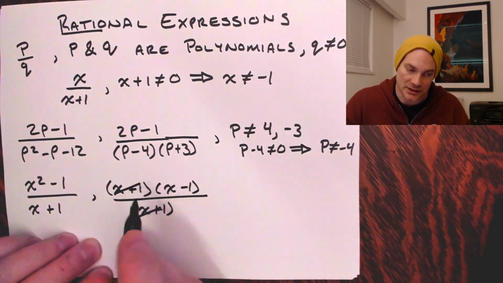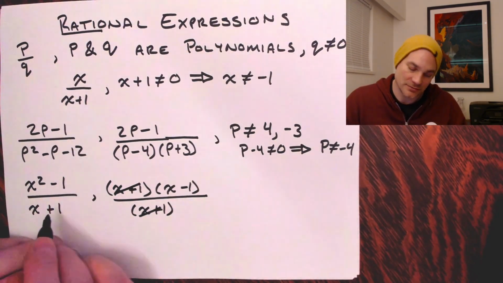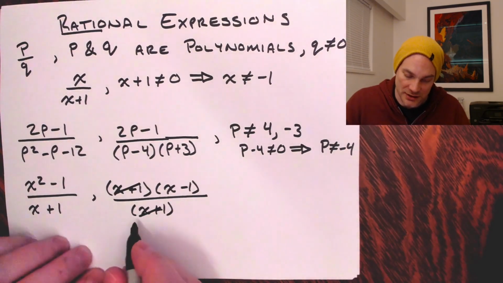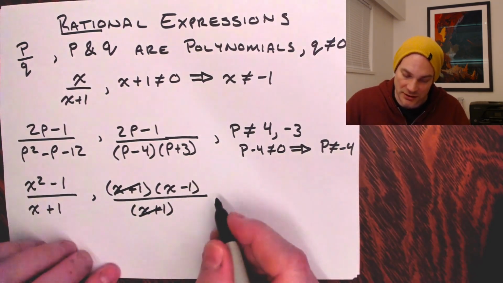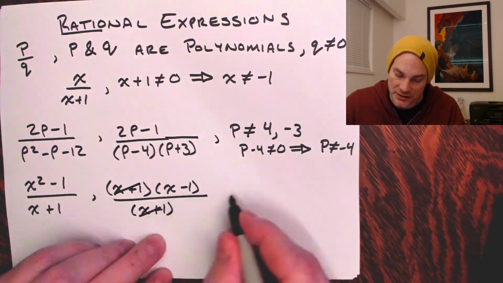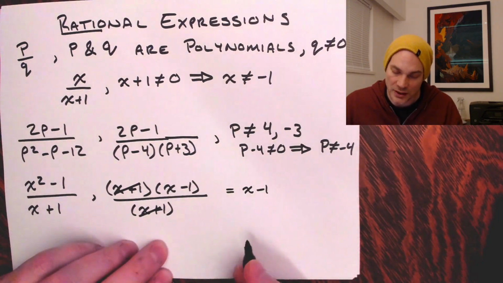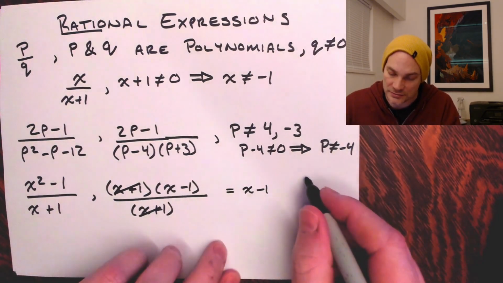We can cancel these out. Sometimes I use commas instead of equality signs, but in my mind it is still the same. So what I've shown here is that this just equals x minus 1, which is just a line.